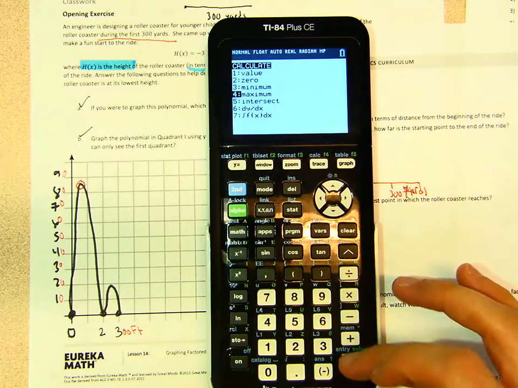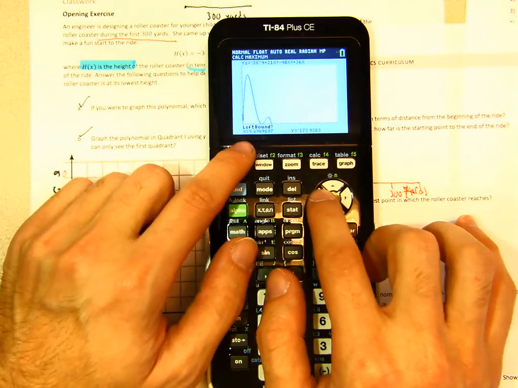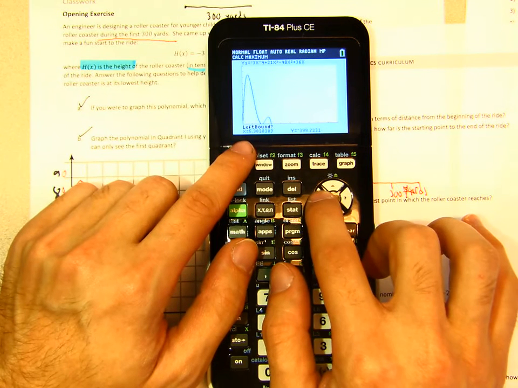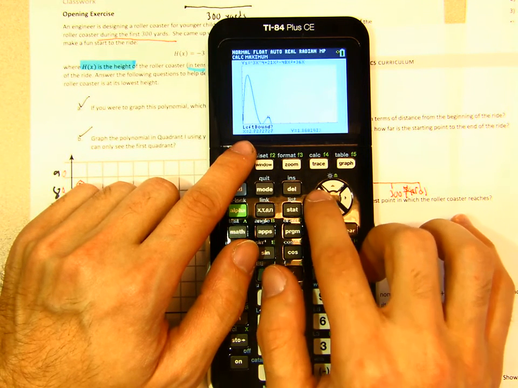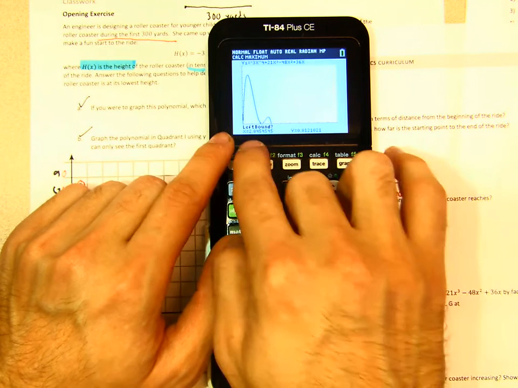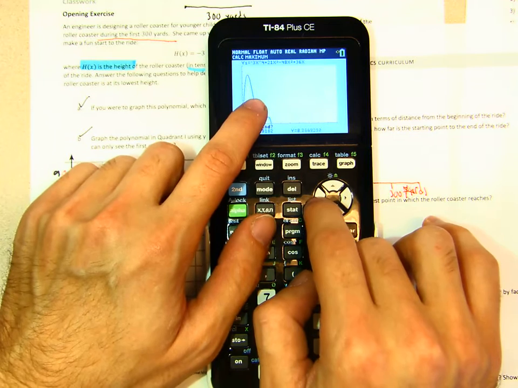So once I hit maximum and I hit enter, notice it says left bound, right? Doesn't that look very familiar? Where is my cursor? Here you just have to kind of play with it. Notice that my X value is at 2, and now we bring this all the way over here.